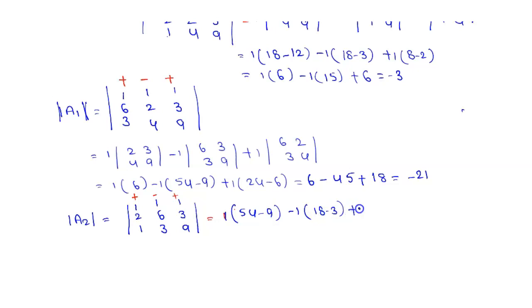Next plus 1 into 2 3s are 6, 6 minus 6. Here 54 minus 9 is 45. 45 minus 15, 18 minus 3 is 15. 15 into minus 1 is minus 15. That is equal to 30. Okay. Next.